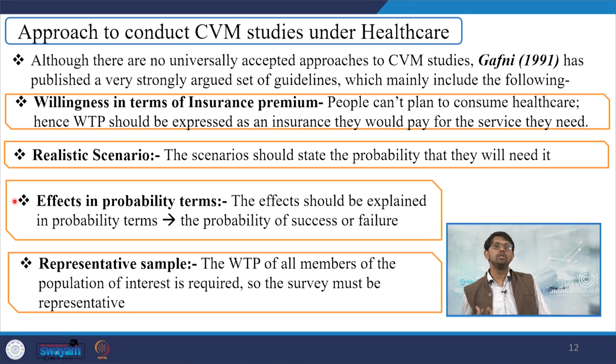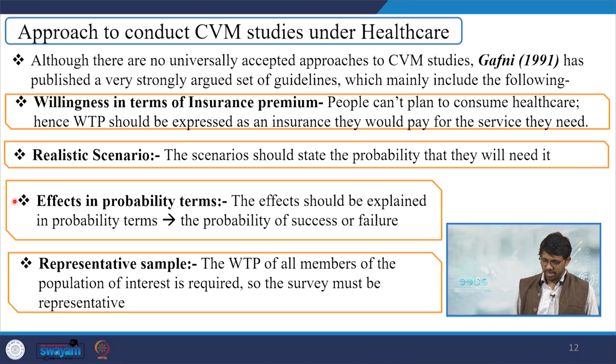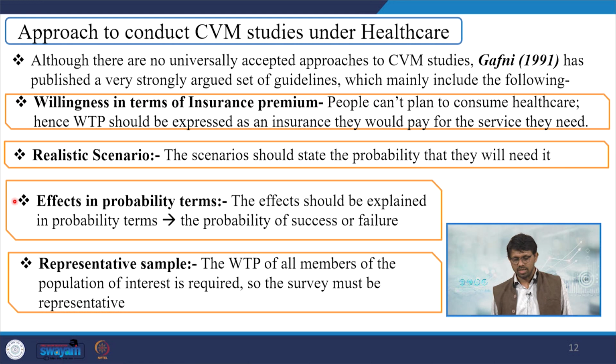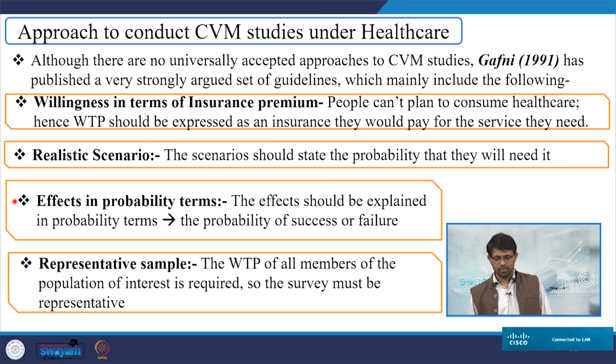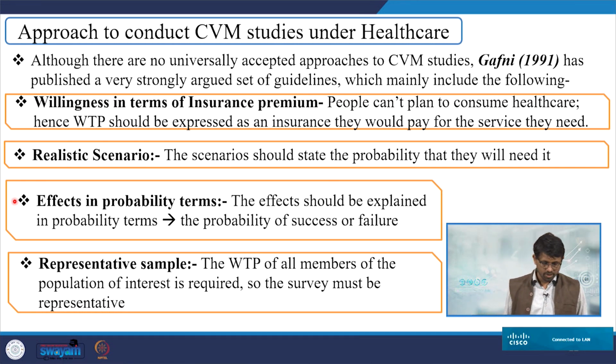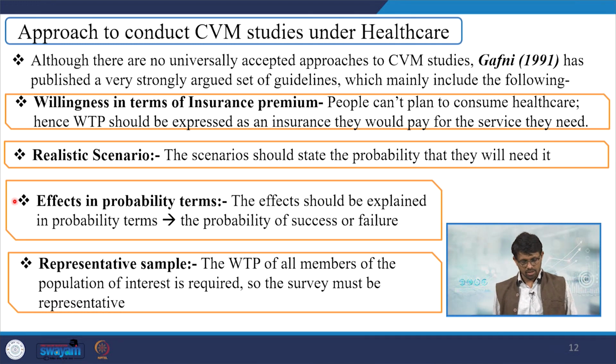Willingness in terms of the insurance, how much premium one is paying. People cannot plan to consume healthcare, hence willingness to pay should be expressed as an insurance. They would prefer to pay for the service they need. And in the realistic cases, as I already mentioned, it has to be catering to the real scenario.